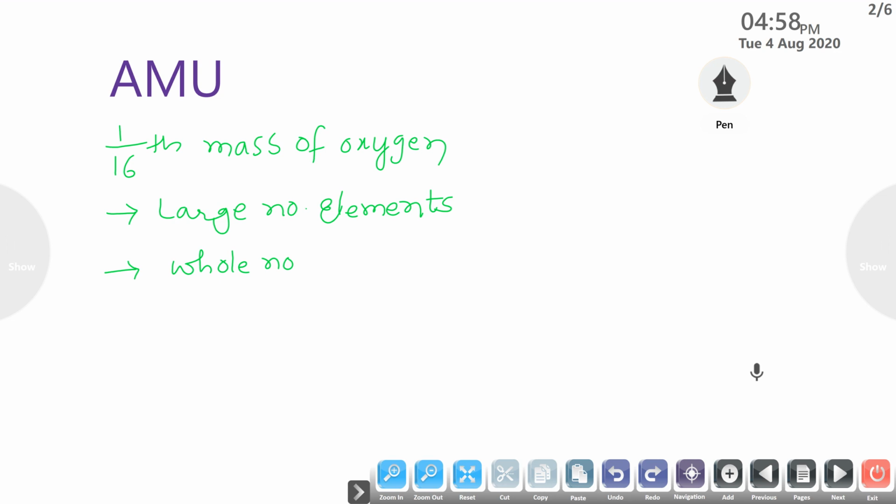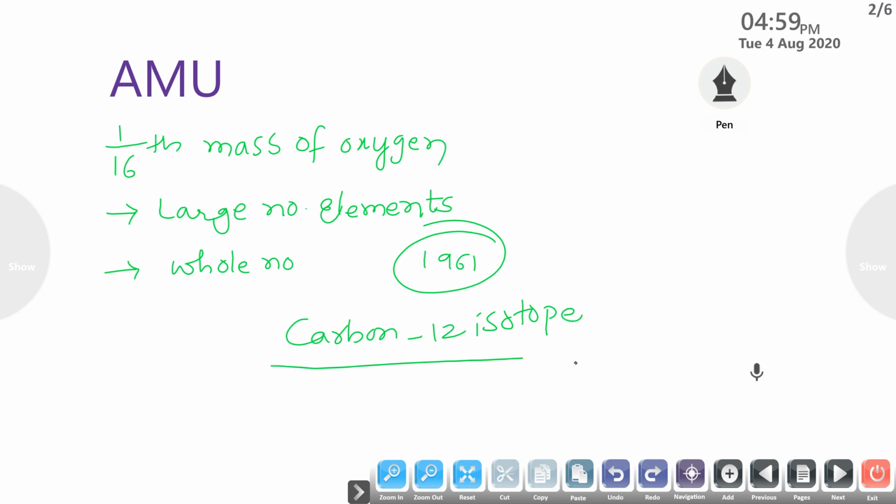But in 1961, the universally accepted atomic mass unit became the carbon-12 isotope. So in 1961, carbon-12 isotope was accepted as the best way to identify the atomic mass.